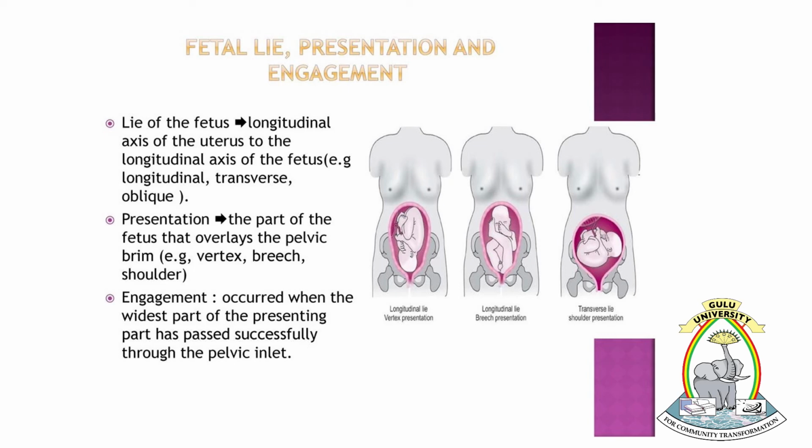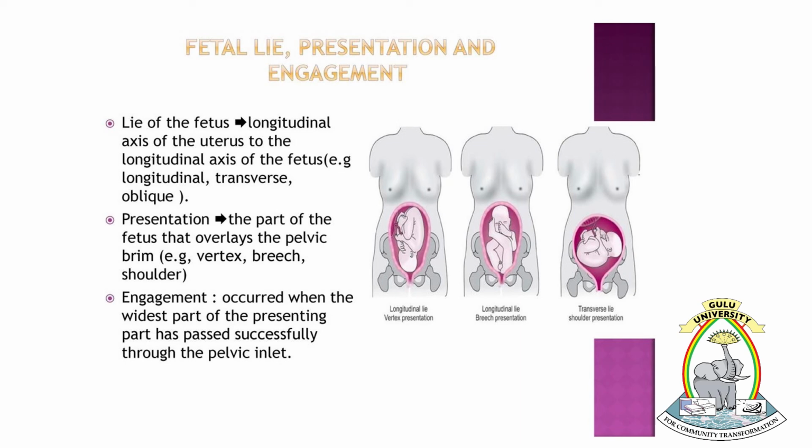Of course, the lie of the fetus can be either longitudinal, oblique, or transverse. In the longitudinal lie, the long axis of the baby is alongside the long axis of the mother. And then in the transverse lie, that is actually the reverse of that.